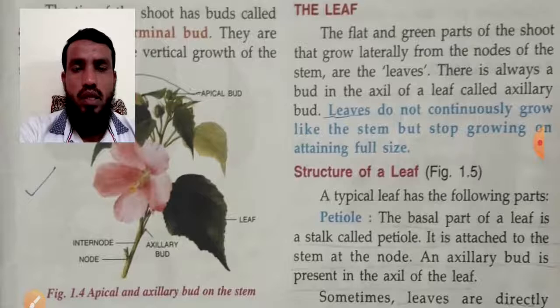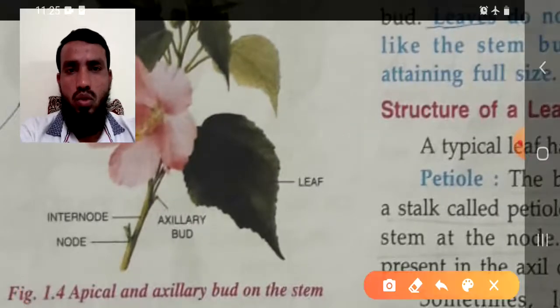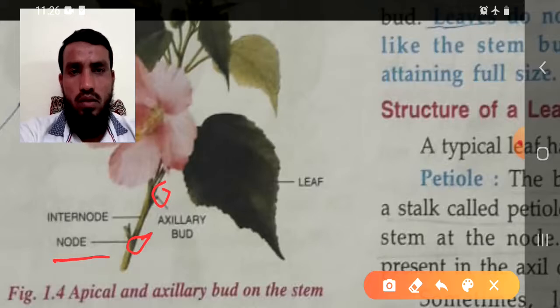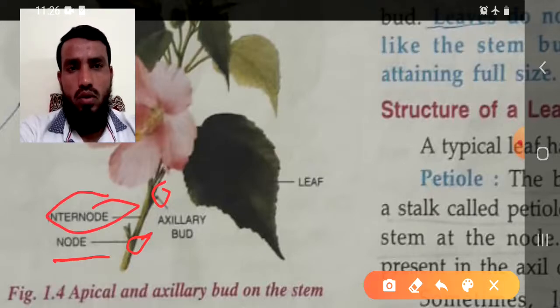You can see it in detail in this diagram. This is one node and this is two nodes. This is called the node which is present here. Again the same nodes are here. So these are the two nodes. This is the axillary node, and going upward there are different nodes. So the part between the two nodes is called the internode, right?